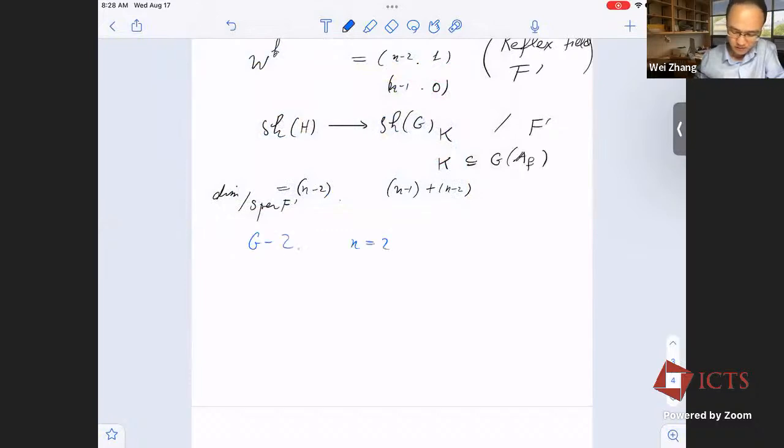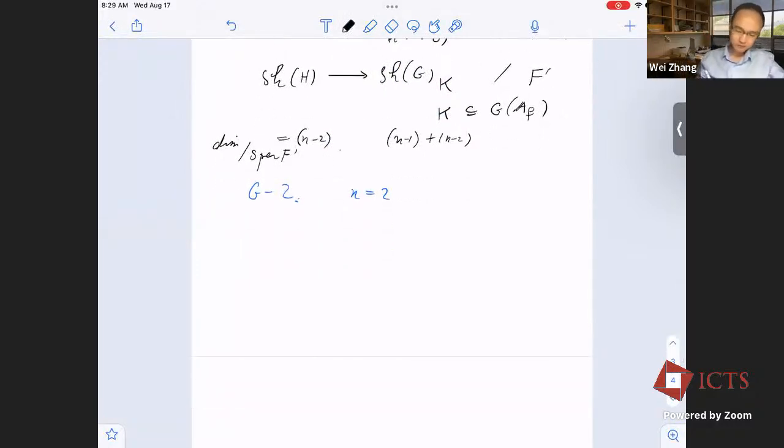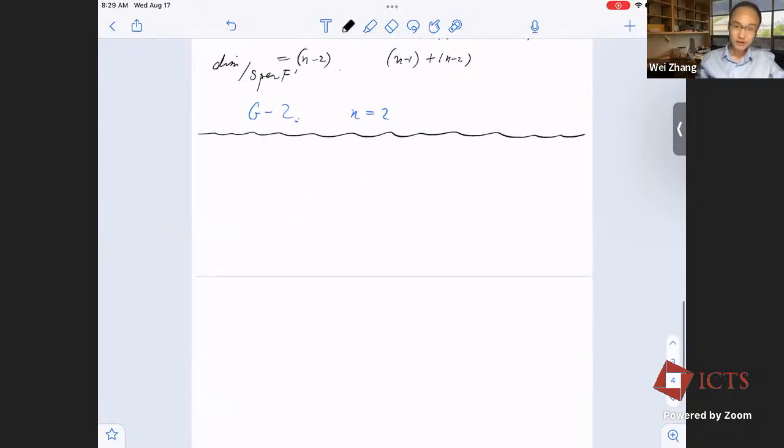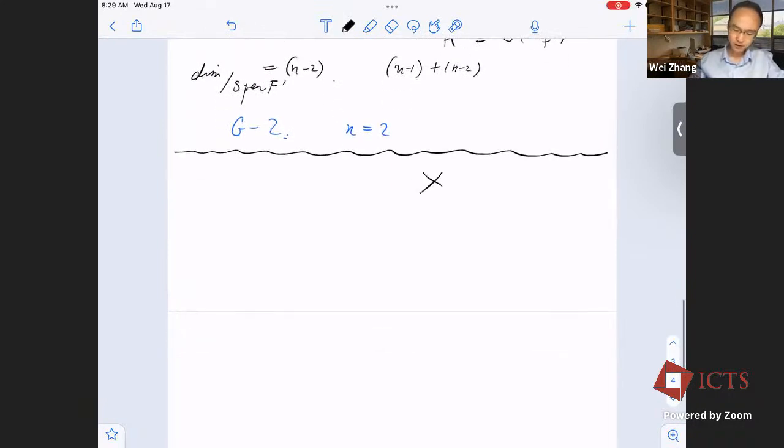Zagier is essentially the case n equal to 2, where you have some 0-dimensional Shimura subvariety, which are CM points on the Shimura curve attached to G. So in that case you have a divisor. So now let me discuss a little bit the height pairing. Abstractly I have a situation where I have a variety.